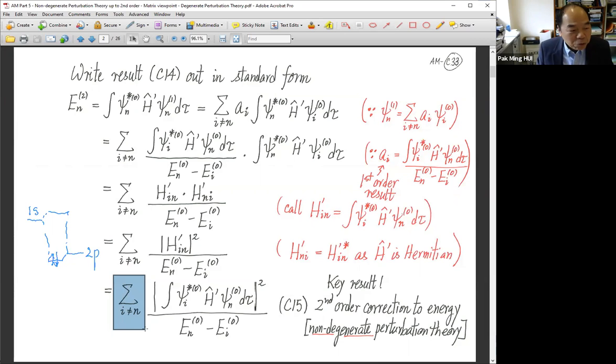H prime in this case is when the two atoms come together, the electron here starts to see another nucleus. The electron here starts to see another nucleus. It is different from what it sees in an atom alone. That is H prime.